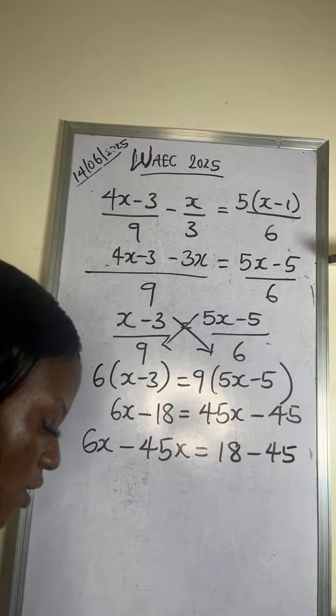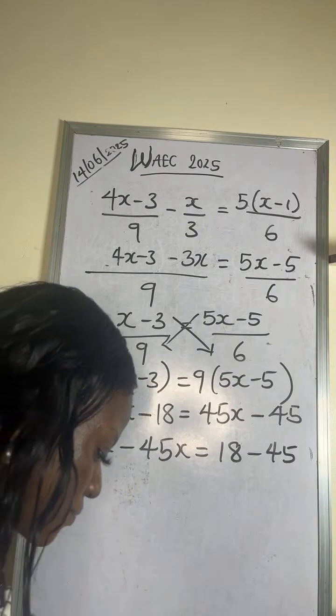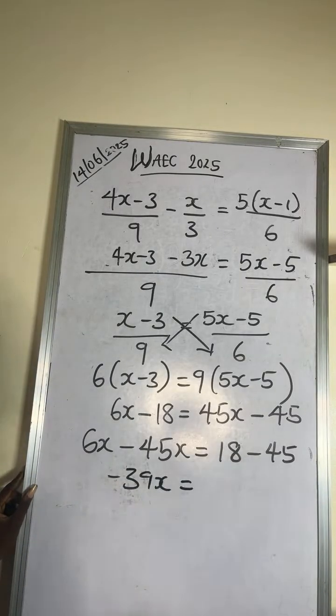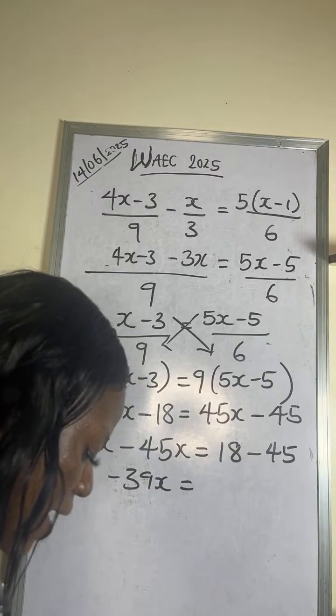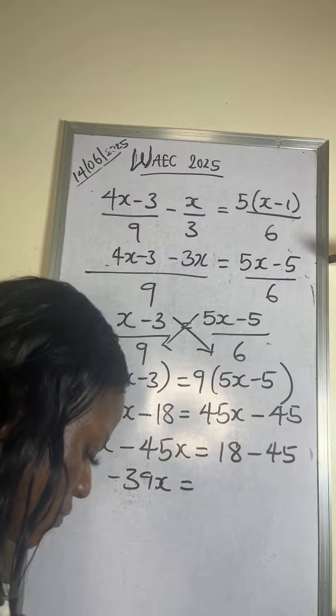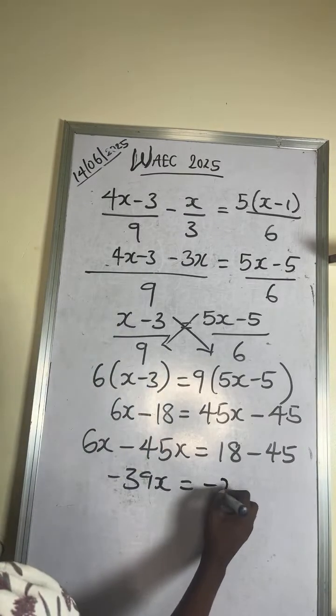So using your calculator, 6 minus 45 is what? Minus 39x. Then you have 18 minus 45, minus 27.